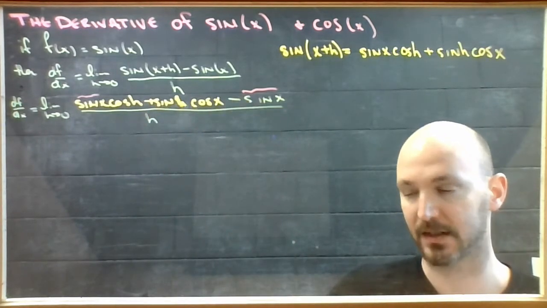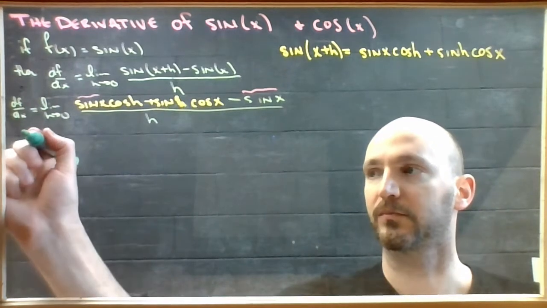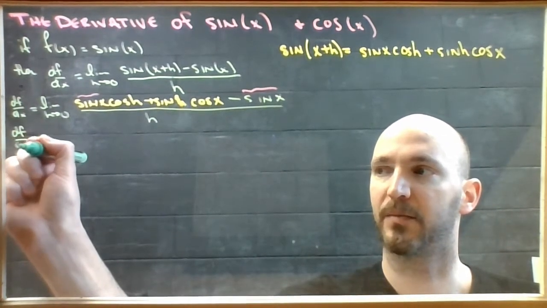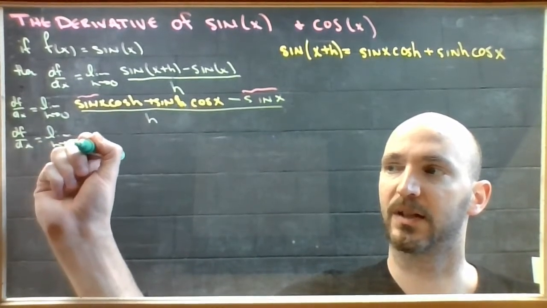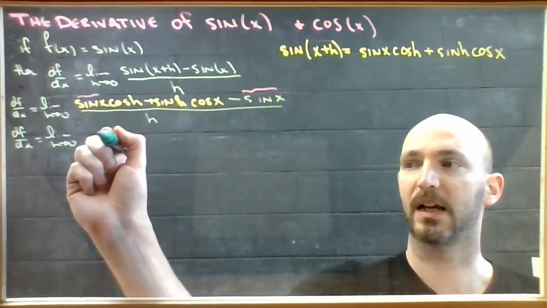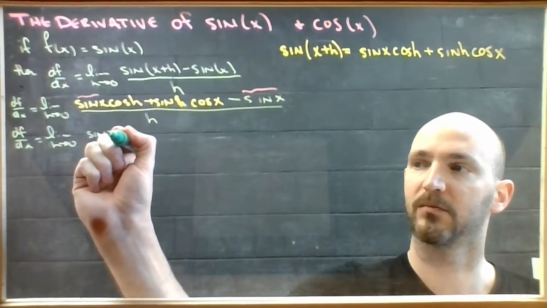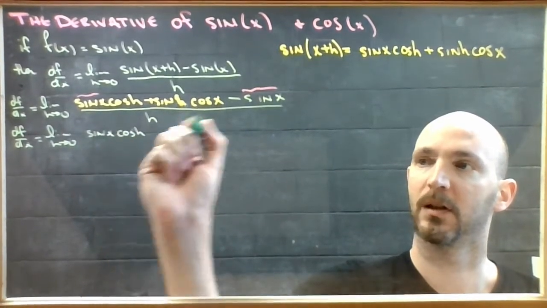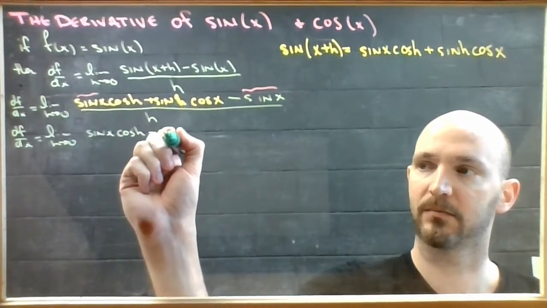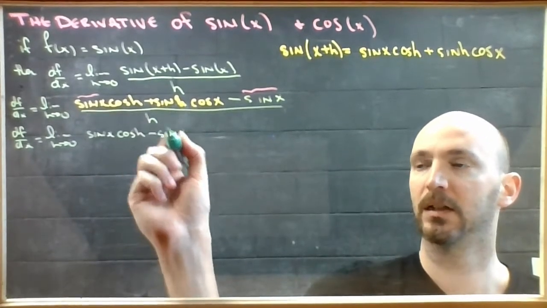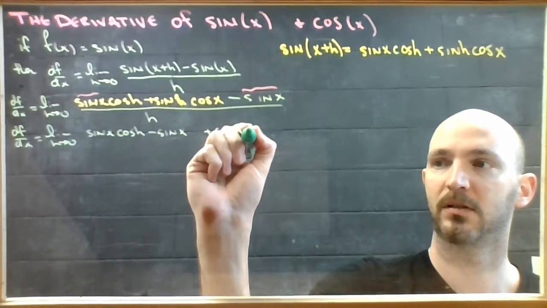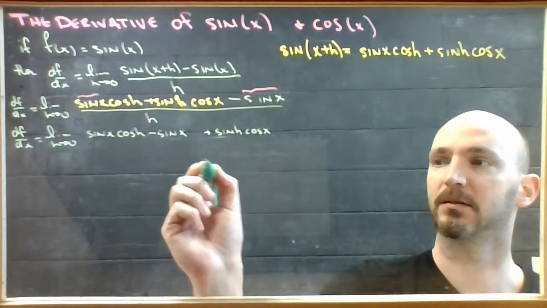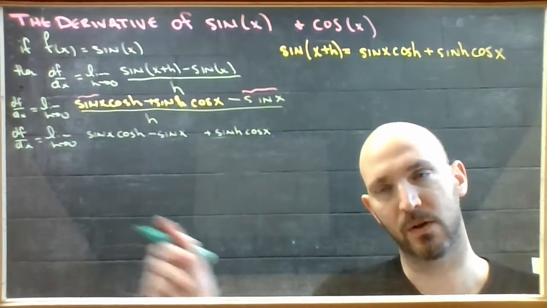So in my next line then, df by dx is the limit as h goes to 0 of sine x cos h minus sine x, and then I have this thing plus sine h cos x. And the whole thing is over h.